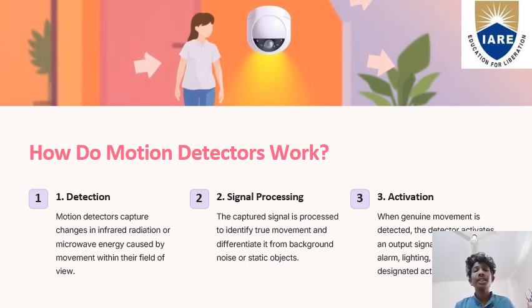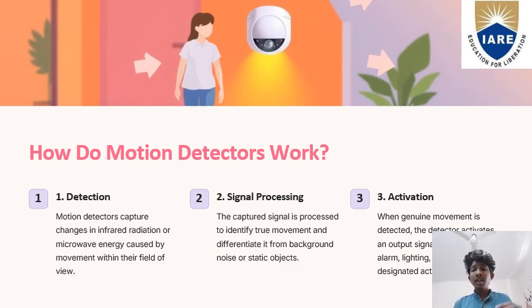Filtering: the amplified signal is filtered to remove noise and unwanted frequencies. Signal processing algorithm: the demodulated signal is processed using algorithms that analyze the signal's frequency, amplitude, and duration.